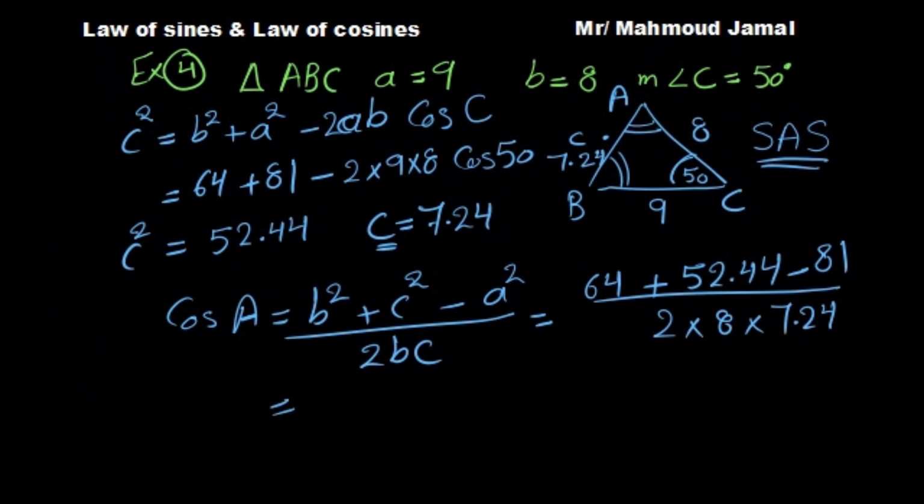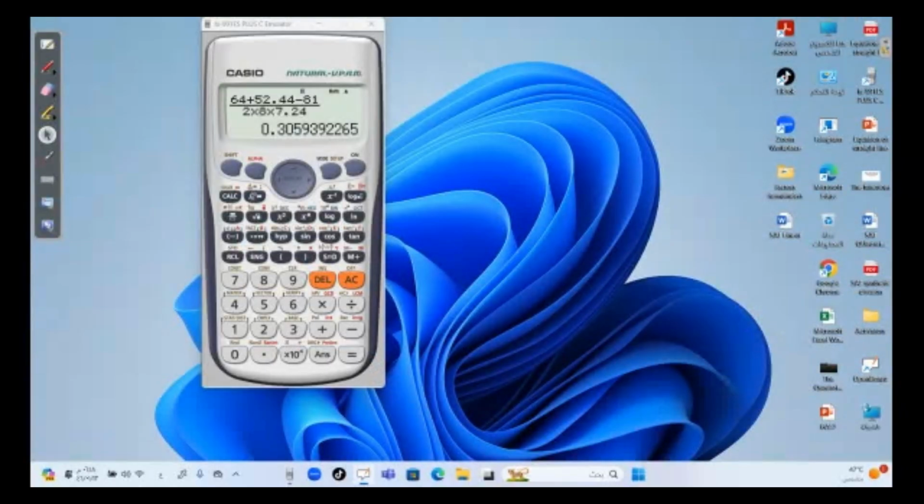It equals 0.31. So measure A has to be shift cosine of the last answer, which equals 72.19 approximately.